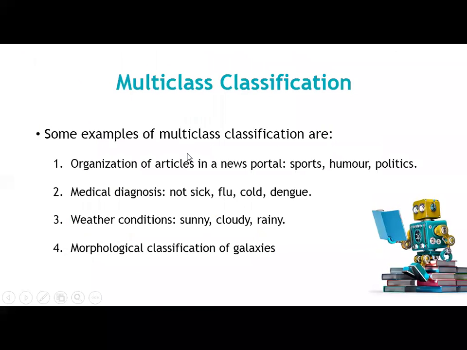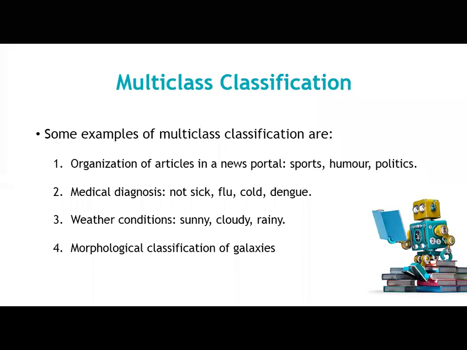Then multi-class classification. Multi-class classification is used in a news portal when we divide news into sports, humor, politics, or in medical diagnosis: not sick, flu, cold, dengue, when we have a number of diseases.